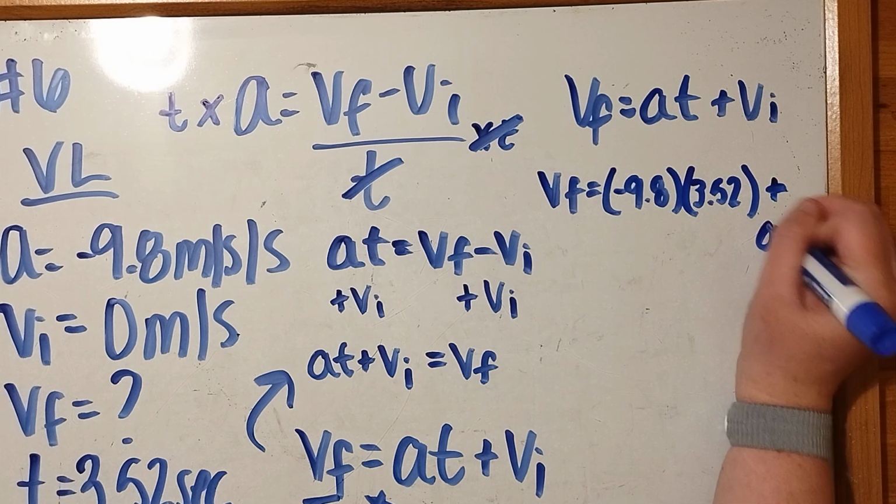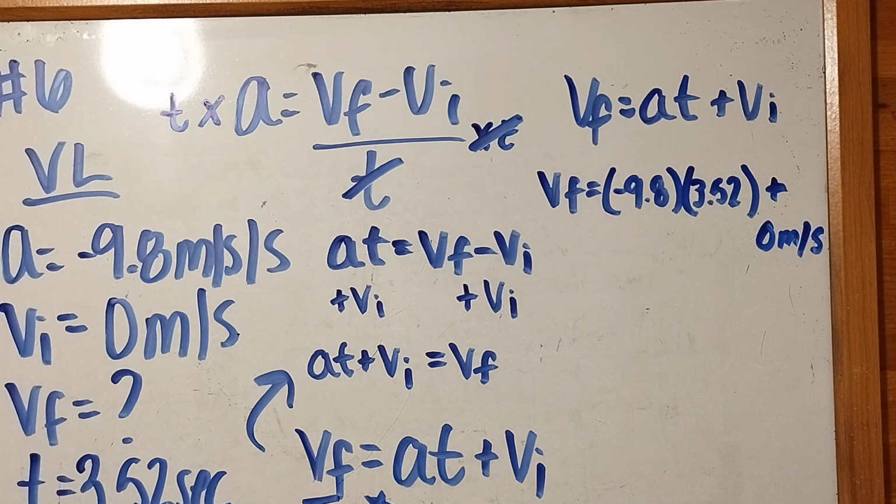And we're going to add that 0 meters per second on the end, which of course if we add 0, then it's just itself, right? So we're just going to do the negative 9.8 times 3.52. Let me plug that into my calculator. Negative 9.8 times 3.52. You can do that on your calculator as well.